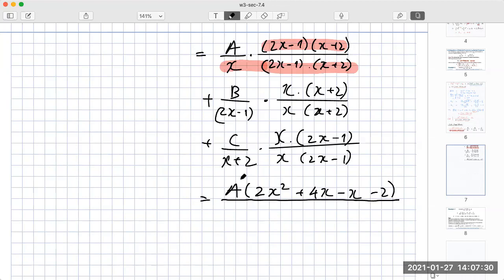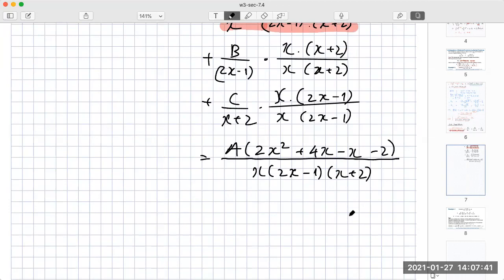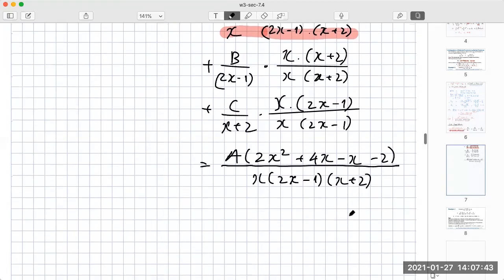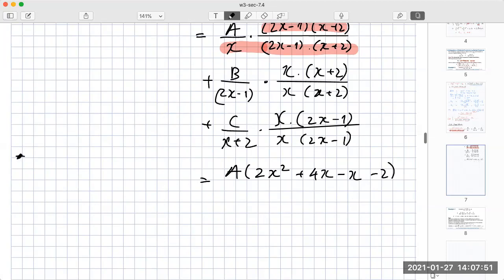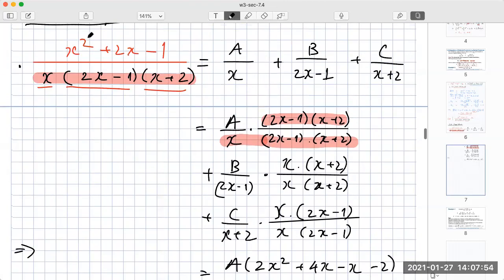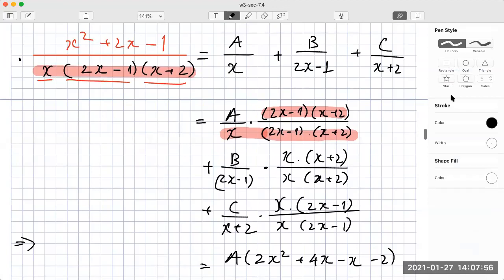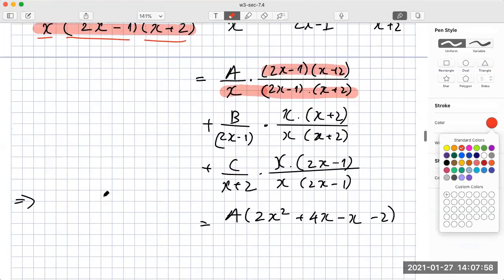And the denominator, which is x(2x minus 1)(x plus 2). But instead of writing this, let us write it this way. If we multiply both sides by the same denominator, then we have x squared plus 2x minus 1, right, on the left-hand side.